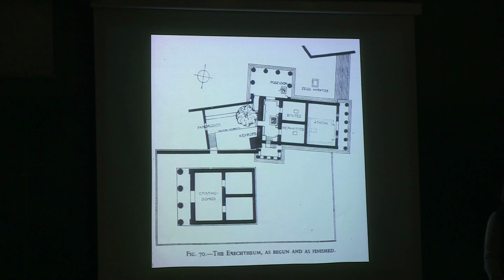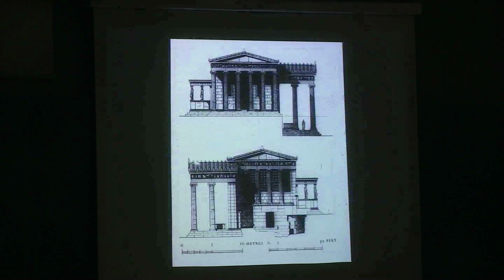And because the sacred topography and the uneven topography dictated a creative solution in order to be able to honor the past of the polis, the mythology of the polis, and the due respect to the ancient, distant heroes and the gods and goddesses of the polis, this kind of hybrid solution was created.